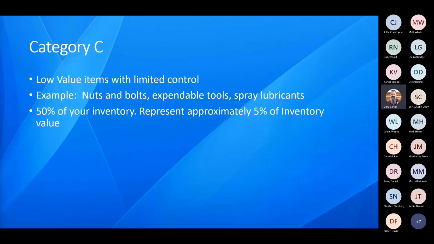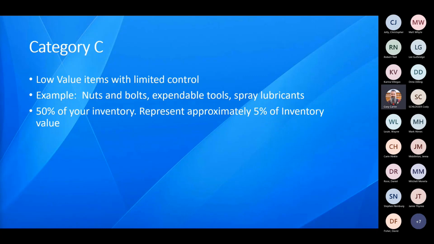These are your nuts and bolts, your expendable tools, drill bits, saw blades, spray lubricants. These number-wise will make up about 50% of your inventory, right? Almost half of your whole inventory is going to be these small inconsequential parts. They are about 50% of your inventory, but they only make up about 5% of your inventory's value.